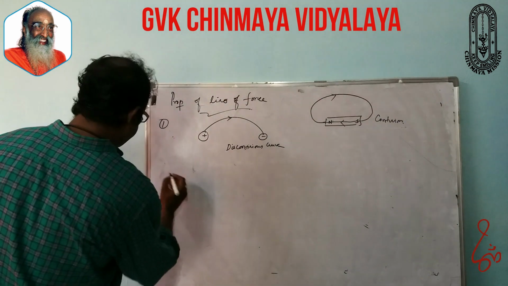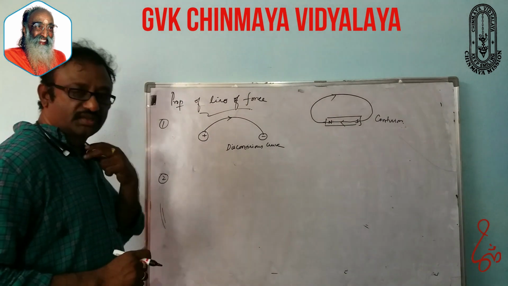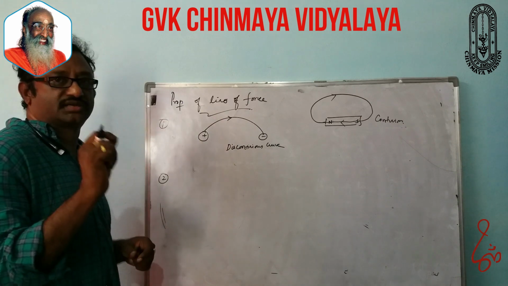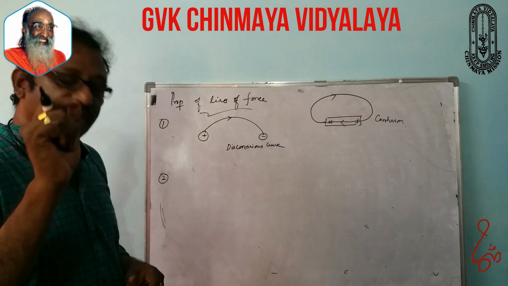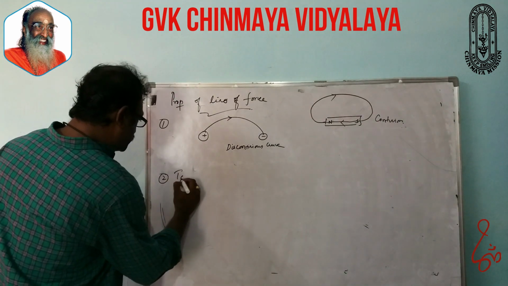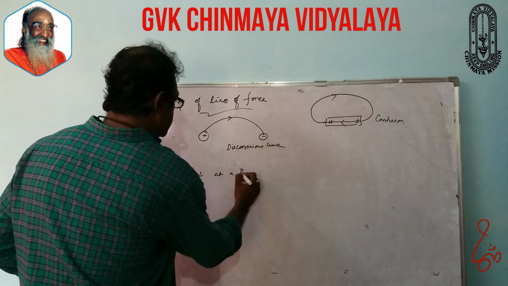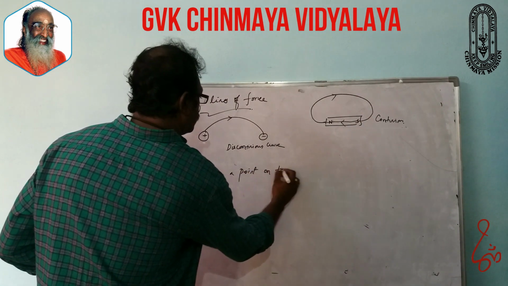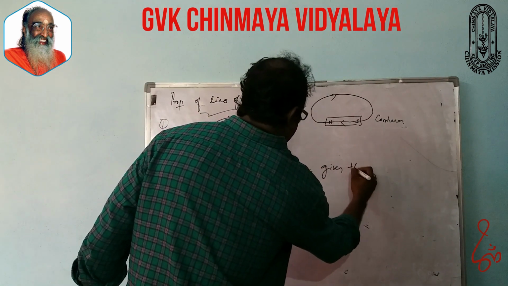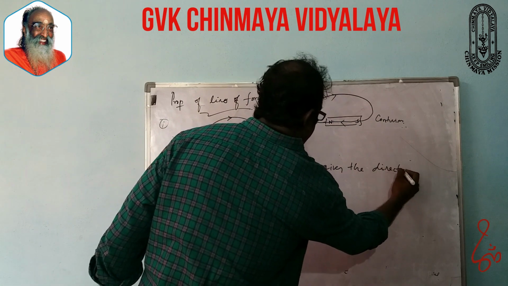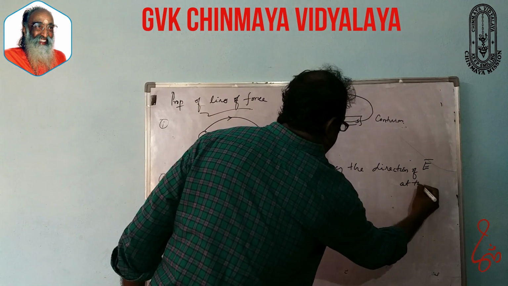The next property we already talked about. We said that the tangent drawn at a point to the line of force gives the direction of the electric field intensity. So that will be our second property: the tangent at a point on the curve gives the direction of the electric field intensity at that point.